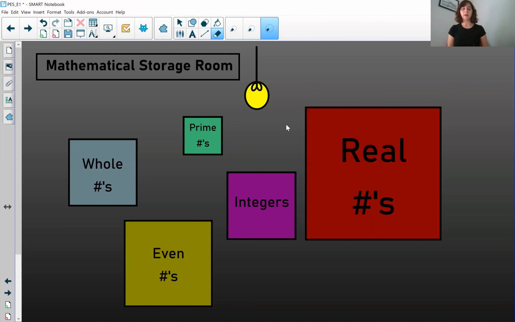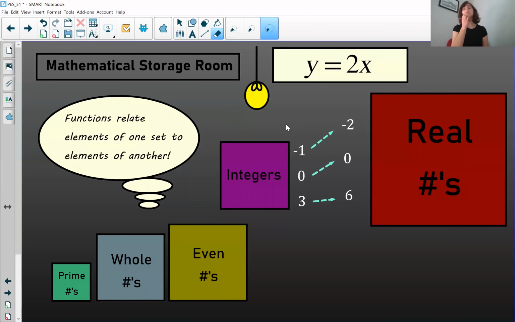And the reason that we talk about sets is because sets are what sort of define functions. And to understand domain and range, we have to understand how functions work. So let's look at an example. Like I said, functions relate the elements of one set to the elements of another.